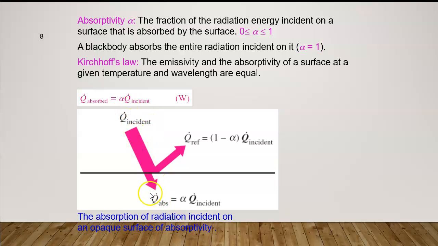Over here some is being absorbed, so Q absorbed is equal to alpha times Q incident. Some is being reflected, so to find it we use 1 minus alpha times Q incident, so we could calculate how much is being absorbed and how much is being reflected.